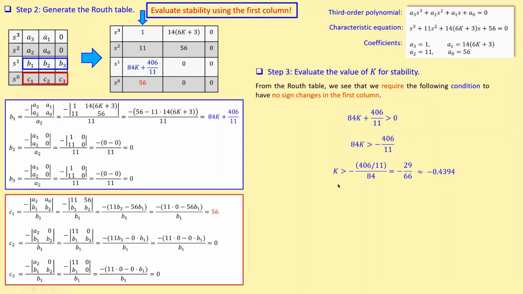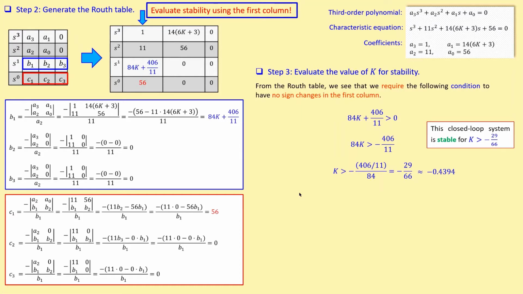That means the following: this closed system is stable if you have a value of k which is larger than minus 29 divided by 66, approximately minus 0.44.